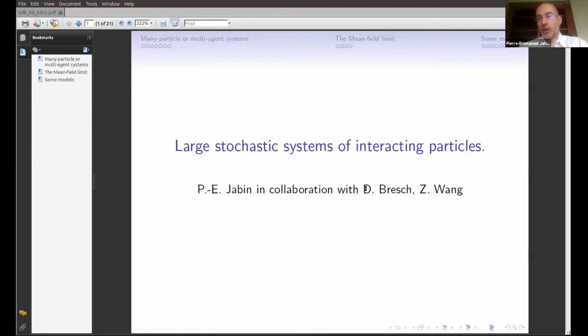So what I will do is give a very broad overview and a broad introduction of what all this is about, why we're interested in the mean field limit and things like that. And then I'll give you some technical hints of what's going on, but of course relatively limited, so that I really want to keep the talk broadly accessible.